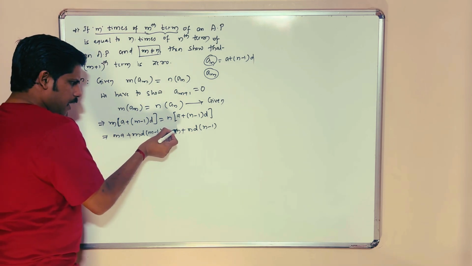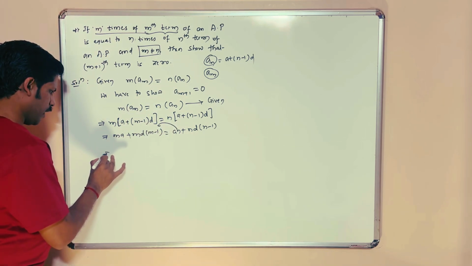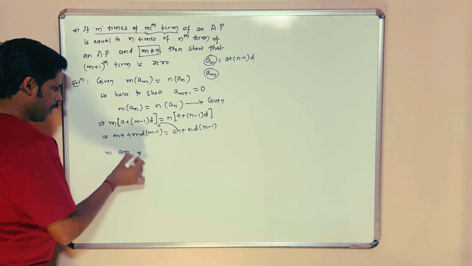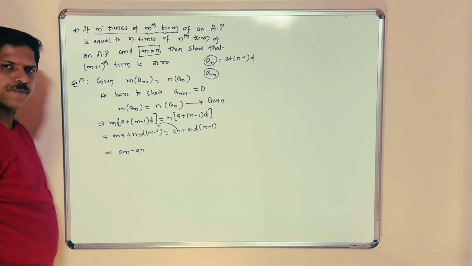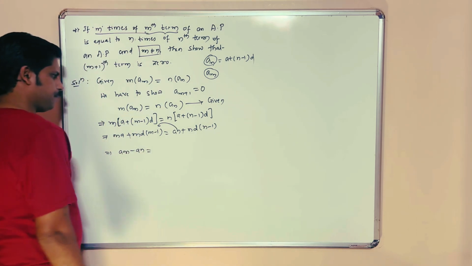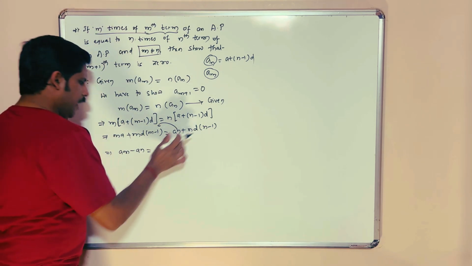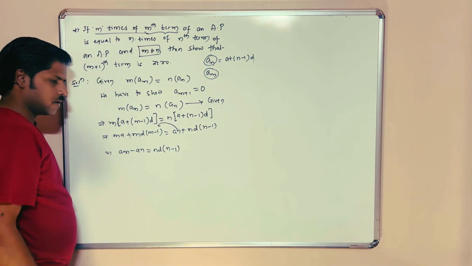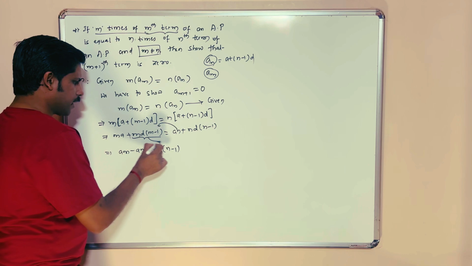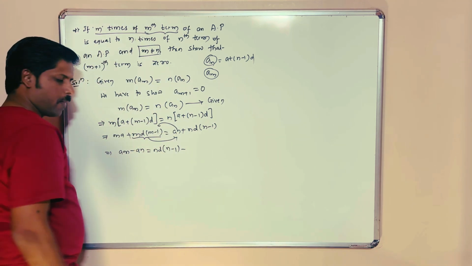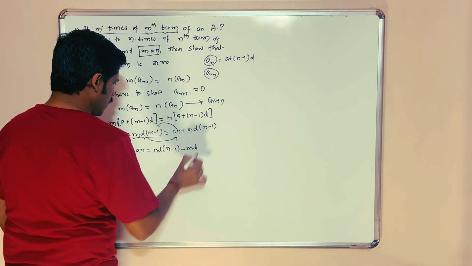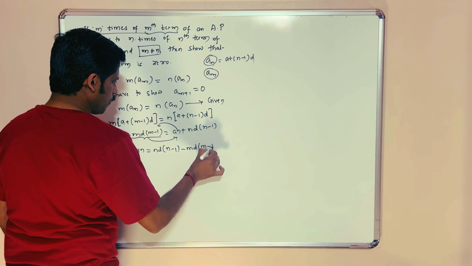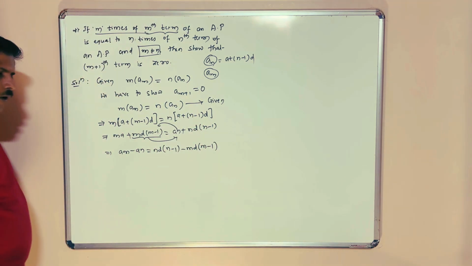Now take this an to LHS. We get am minus an is equal to nd into n minus 1. Keep it as it is. Now take this term to RHS. It becomes minus md into m minus 1.